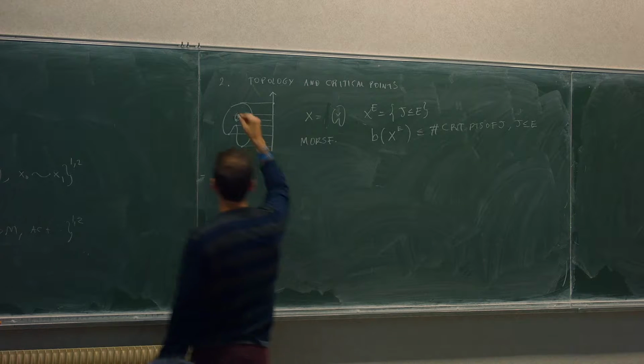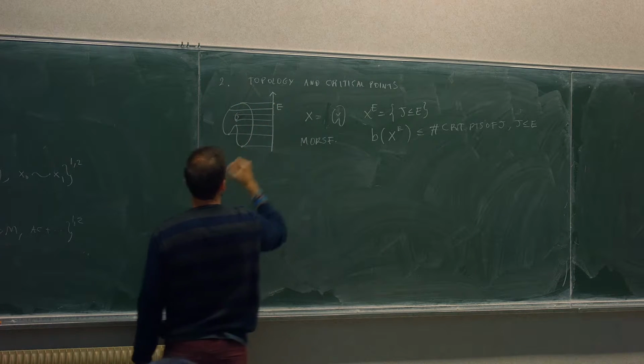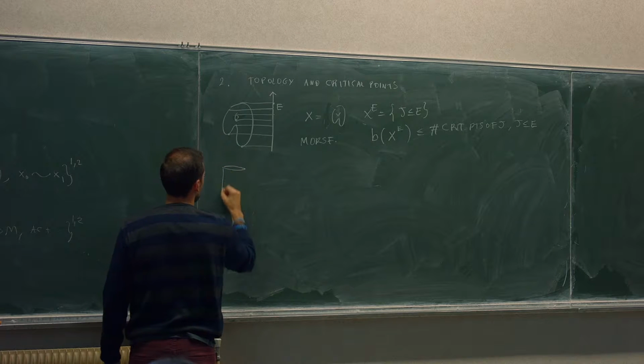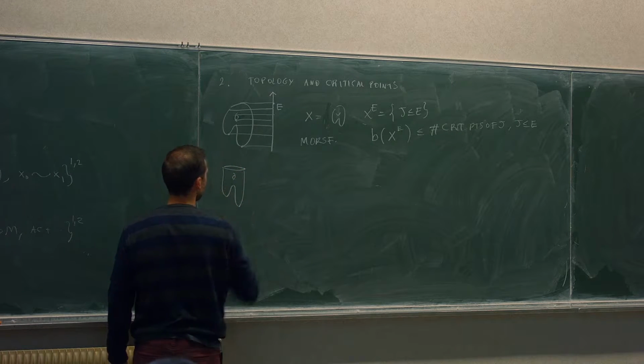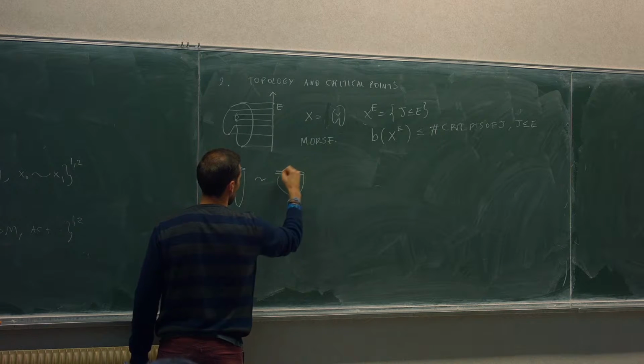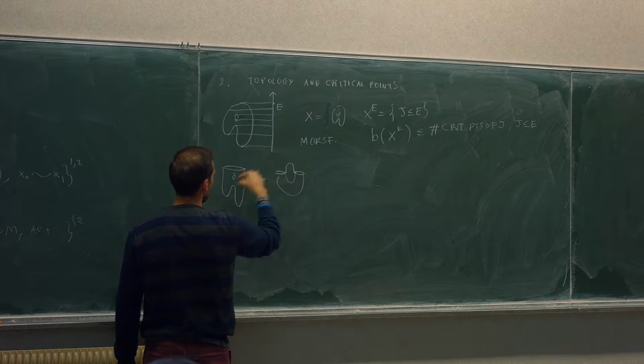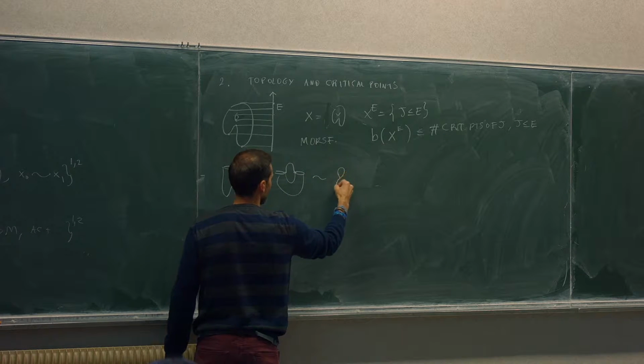So for example, if you take this level of the energy, the space we get is something like this. This space is homotopic to a cylinder with one thing attached, which is homotopic to this.